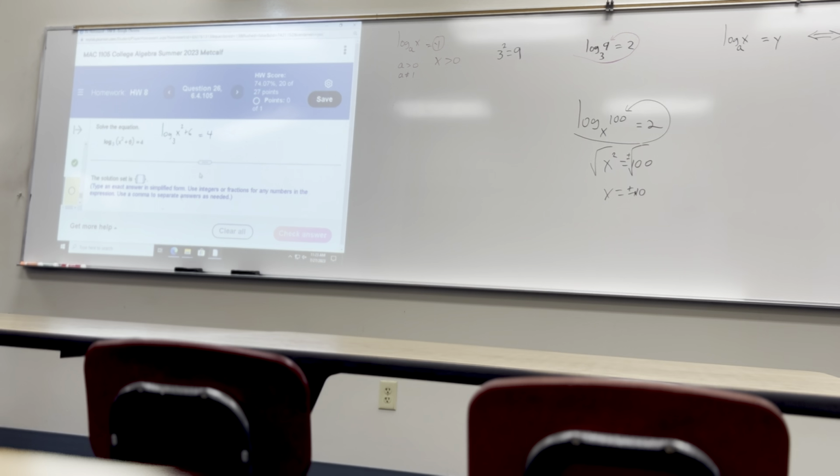So what's the first step? I don't know, let you guys do it, but what's the first step? Rewrite it as an exponent, or if you allow me to say this, swoosh it, right?